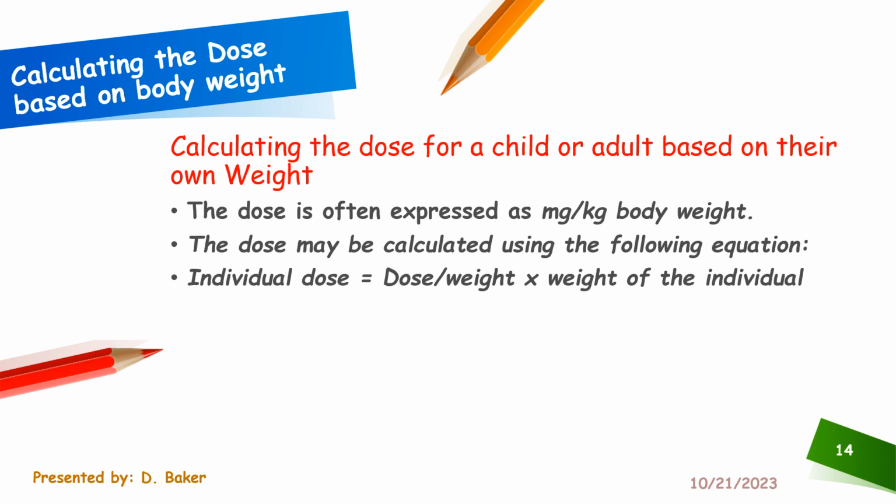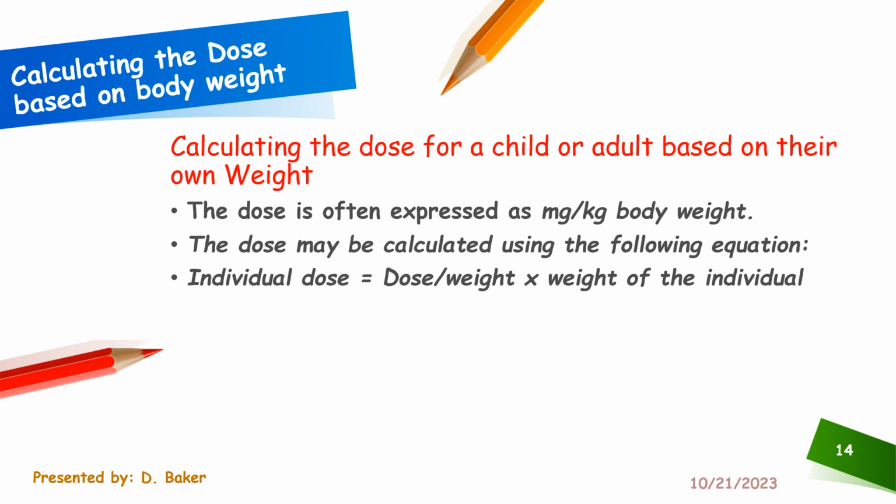We can calculate the dose for a child or an adult based on their own weight as well. Now, this method is commonly used in everyday clinical practice. This is a general method of calculating dose. The dose is often calculated based on the amount of drug, which is either in, say, milligrams, micrograms, grams, whatever units of measurement are presented, per body weight of the individual patient, and the body weight may be represented either in pounds or in kilograms.